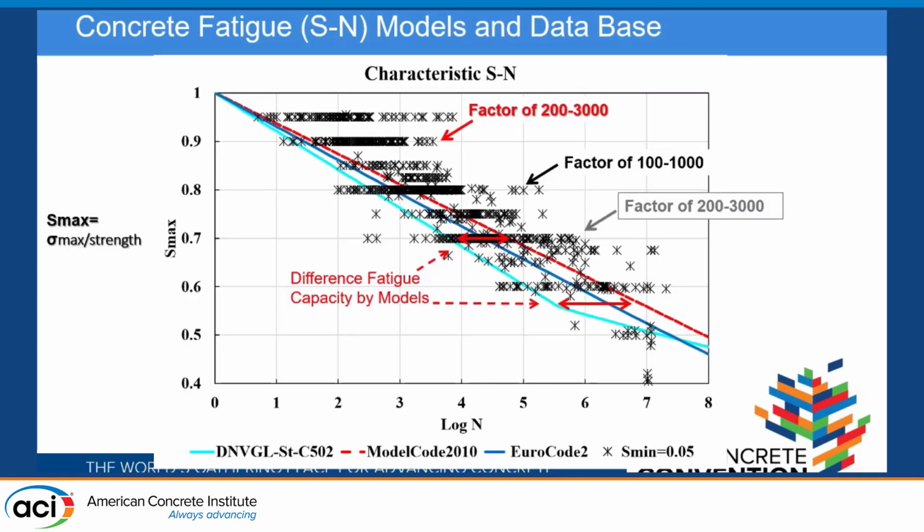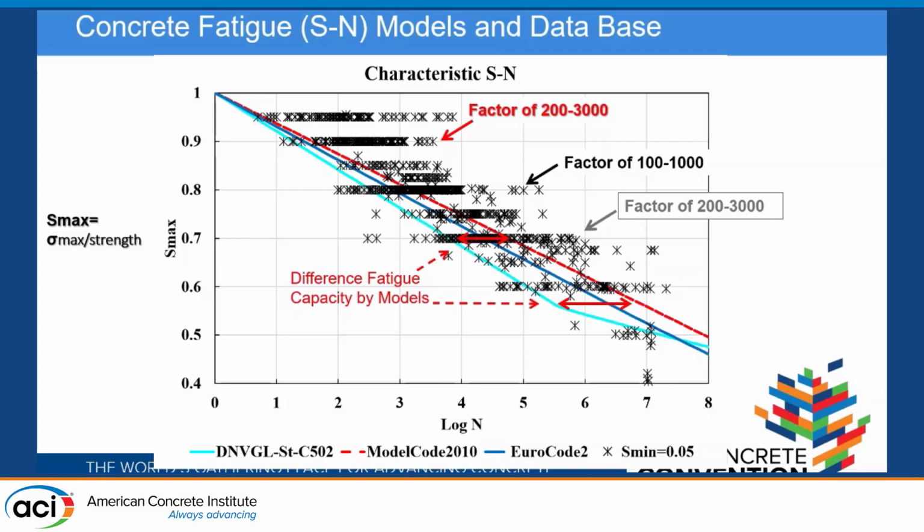This figure shows the S-N models from DNV, Model Code, and another code, 3 different codes that people use in the offshore wind sector, and we have some results from different research with an estimate of 5%. The range of results is very wide. You can see the models themselves differ in predicting the life, and that's because each model is based on a particular data set.